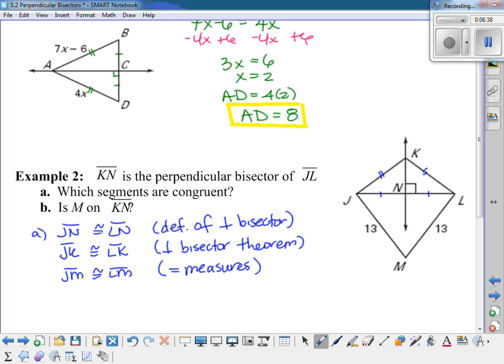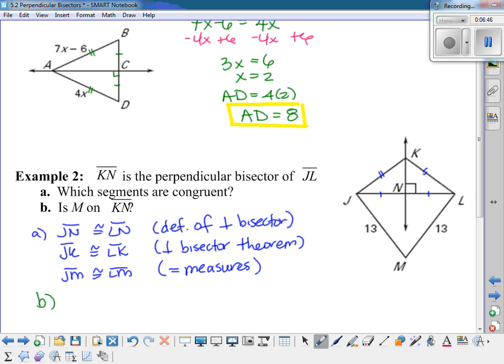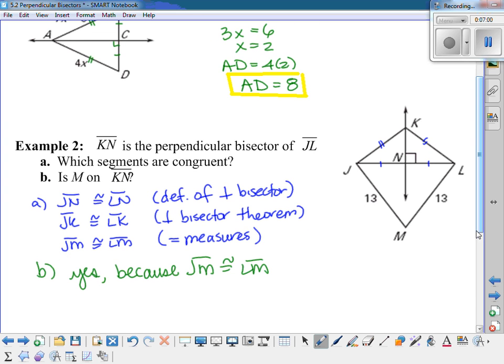All right, so would M have to be on KN if we extended it out? Yes, it would. And I know that it would be because JM is congruent to LM. And that's actually the converse of the perpendicular bisector theorem.